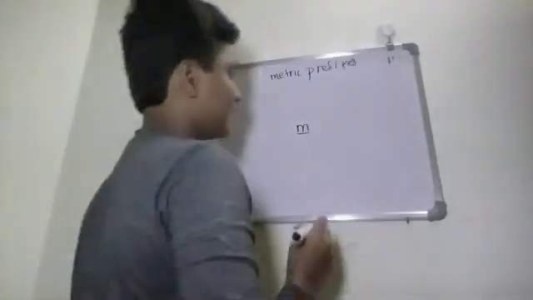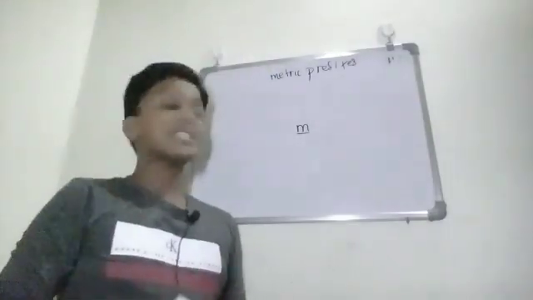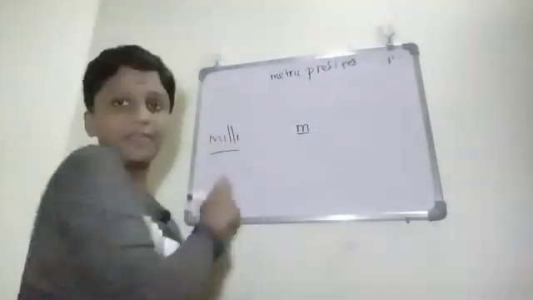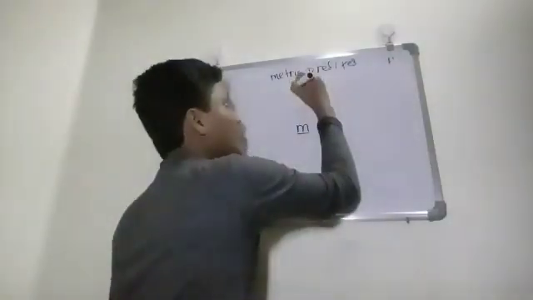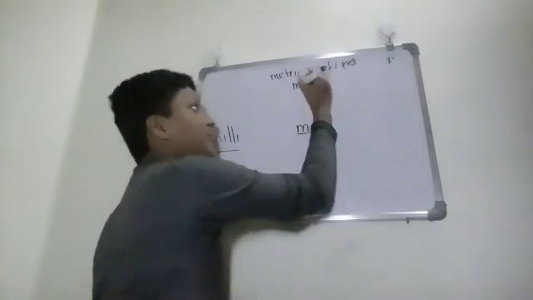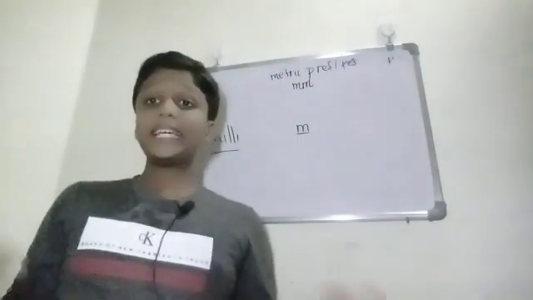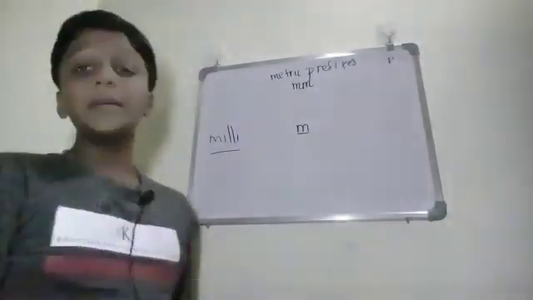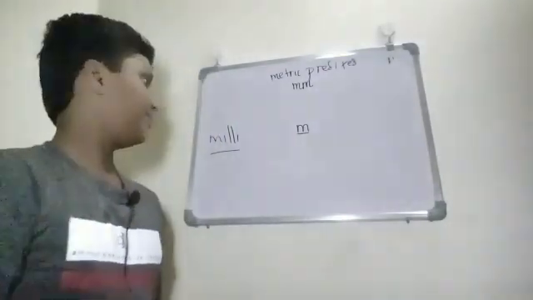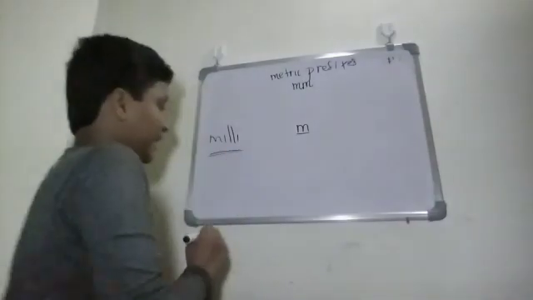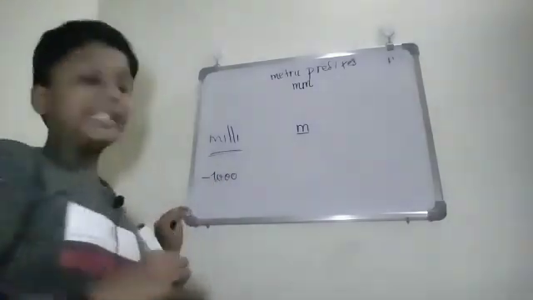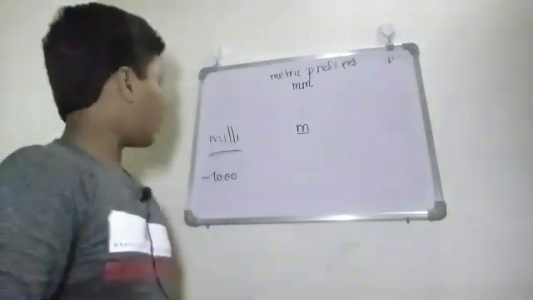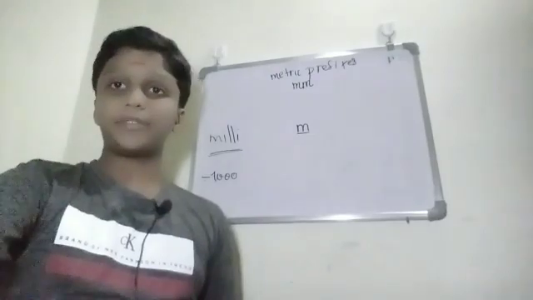The first metric prefix is milli, and while adding it with meter, it will be millimeter. Milli means division by 1000. Now let us look into the next metric prefix.